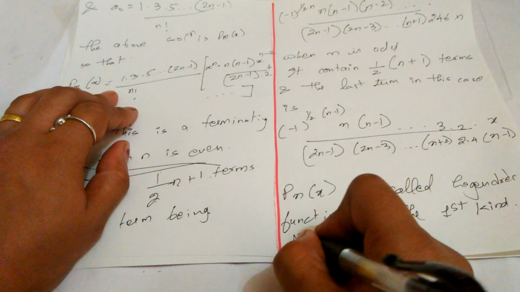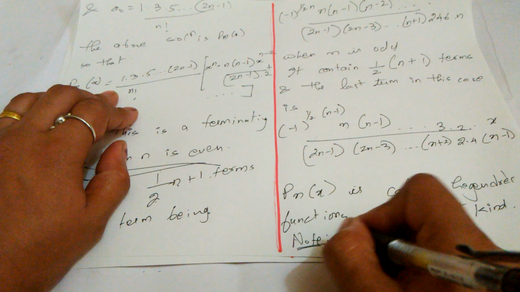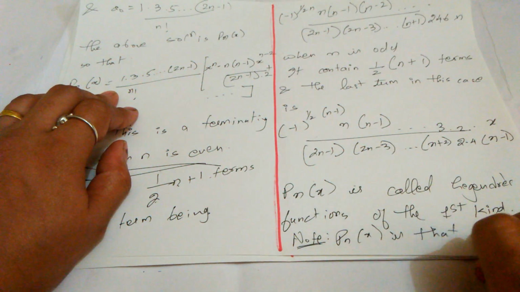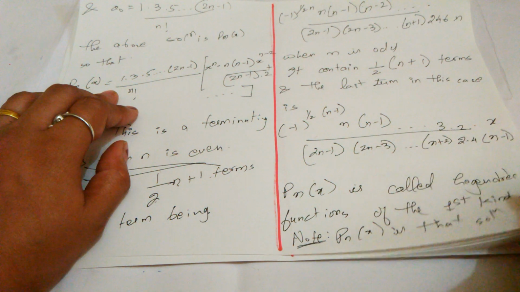Okay, remember that P of n x is the solution of Legendre's equation, which is equal to unity when x is equal to 1.